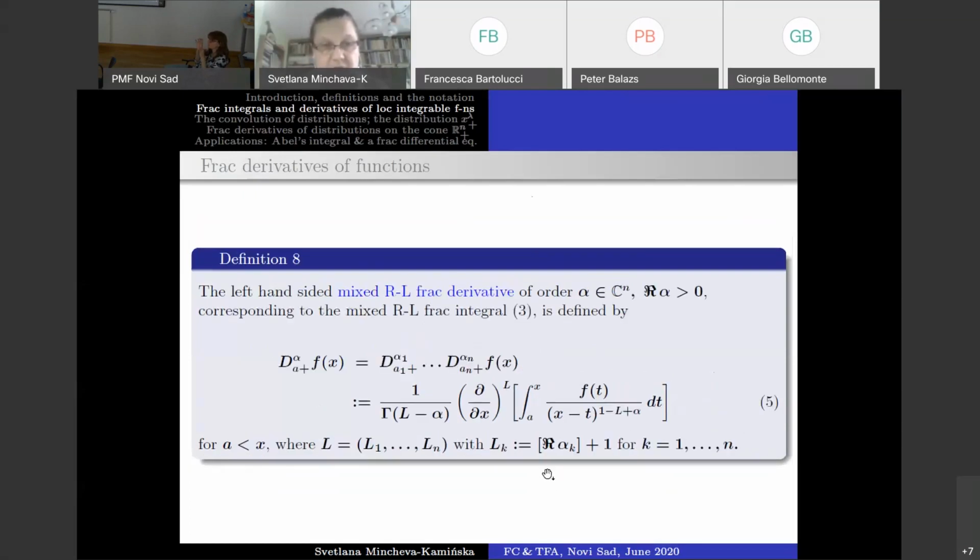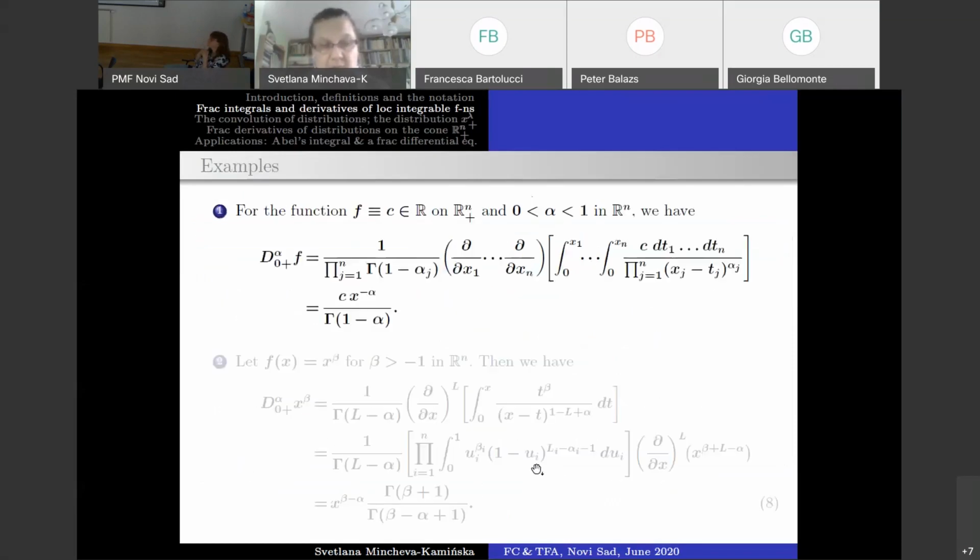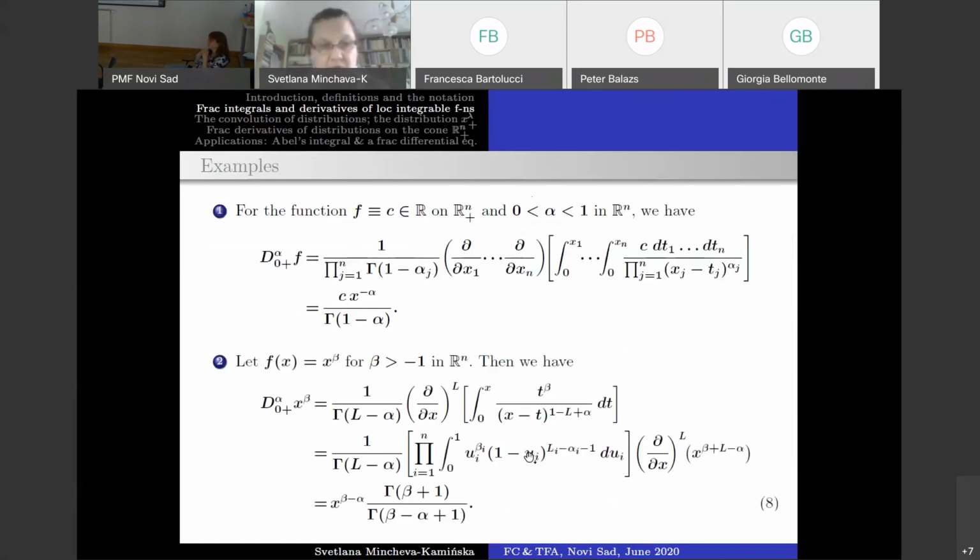Here is this mixed derivative, and for our aims, the most important is this example 2. This is example of derivative of order alpha of arbitrary powered function x to the power beta, where beta is greater than -1.